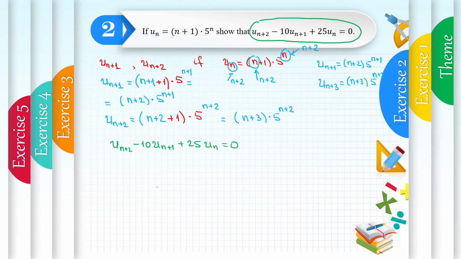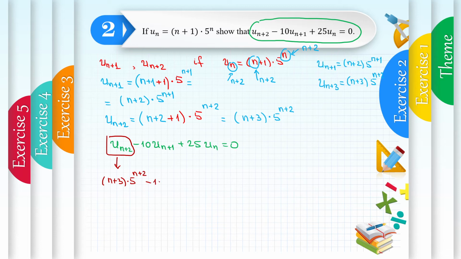So we have to show this equality. What are we going to do? Very simple. We are going to replace un plus 2 with the formula that we obtained, n plus 3 multiplied by 5 to the power n plus 2.